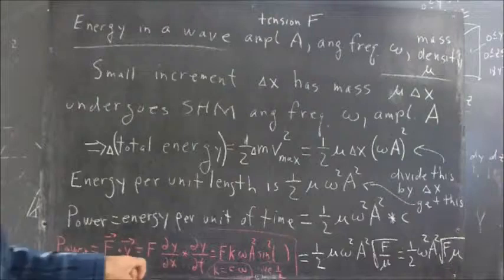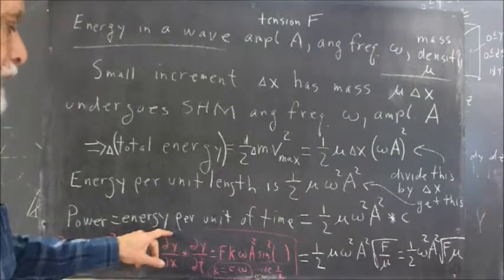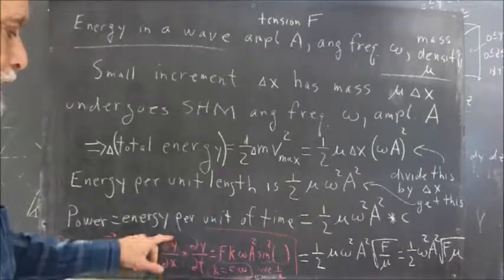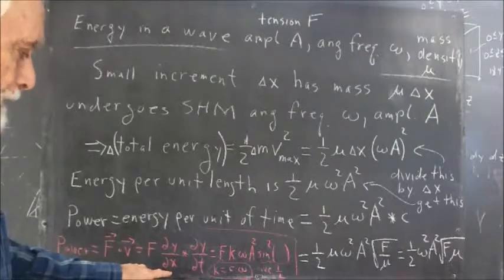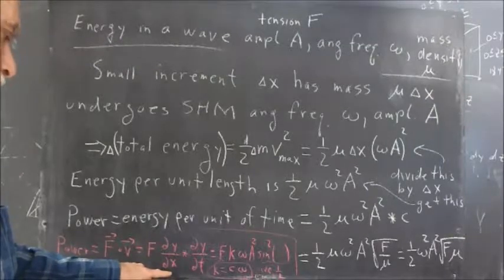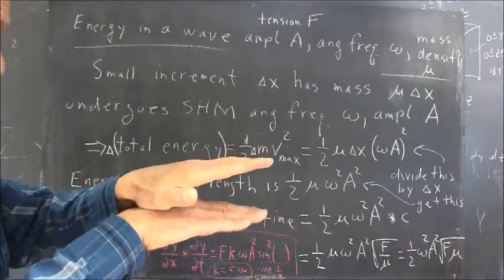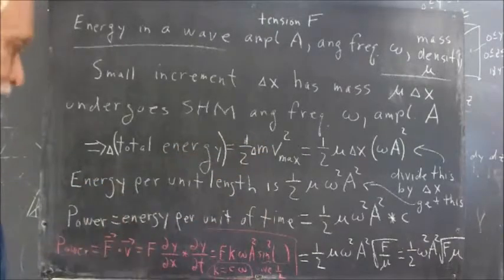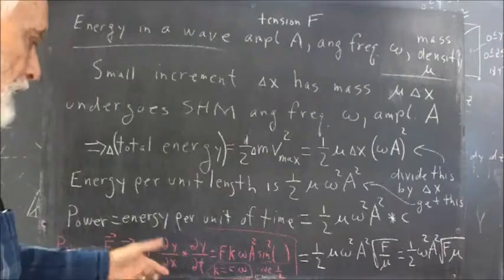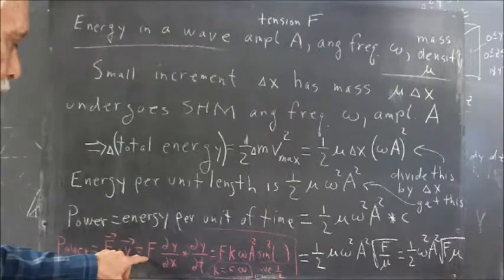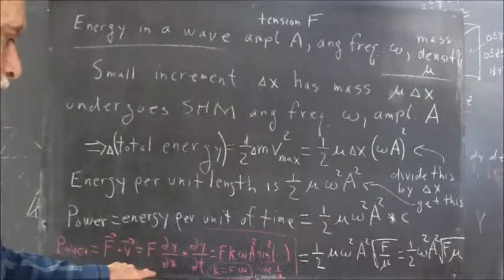And it's going to turn out that that's just F times the partial of y with respect to x. Partial y with respect to x is basically the tangent of this angle, which is equal to the sine of the angle for small angles. So what we have here is like F times the sine of theta.